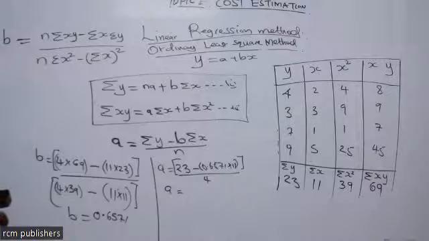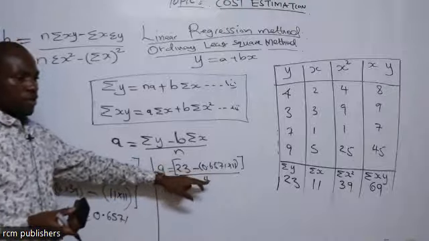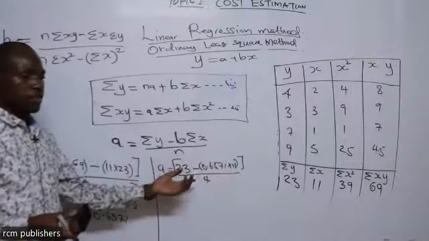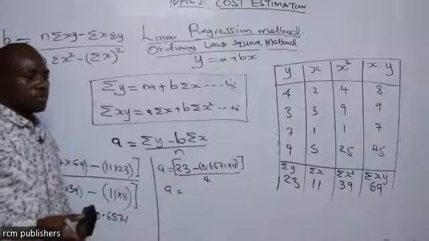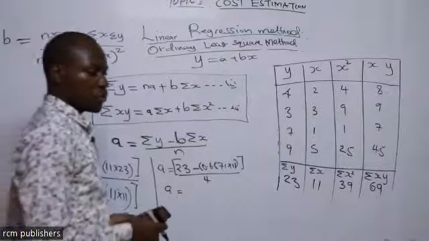Value of A, somebody. The way you have the value of B, multiply by 11 times -1, add this, divide by 4. Simple. 3.9428.